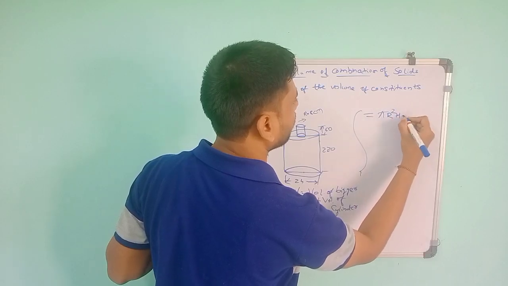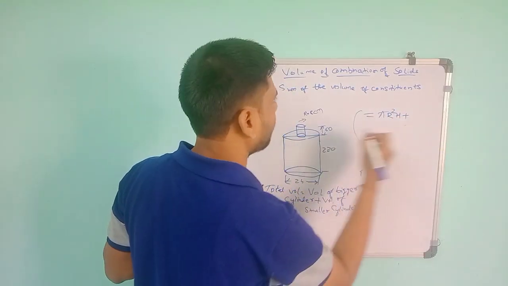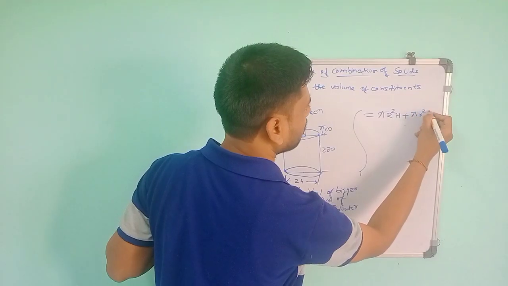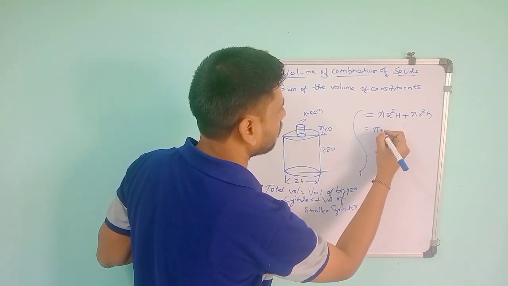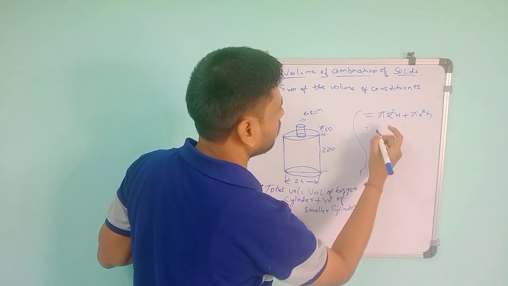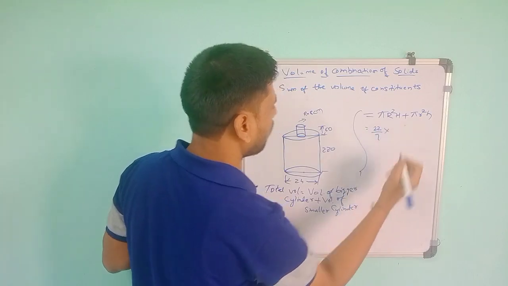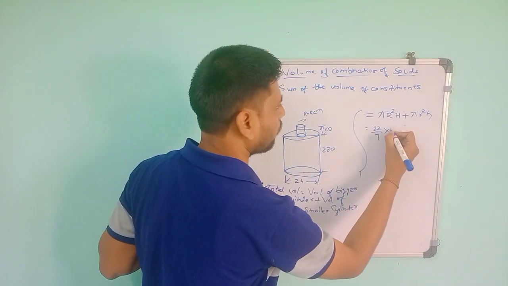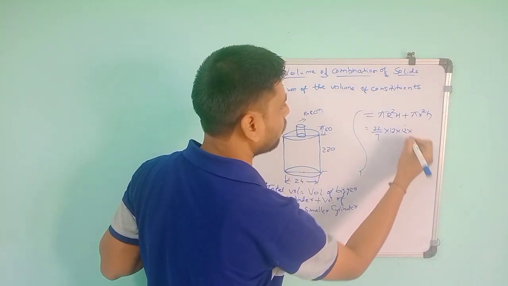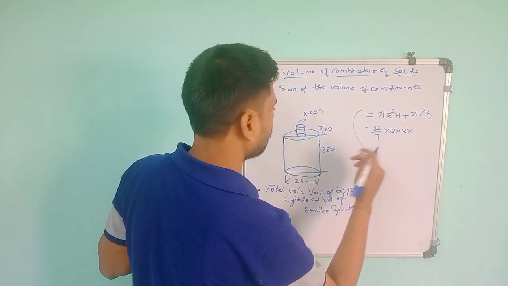I am taking big letters for the big cylinder, and for the small cylinder small letters, pi r square h. So pi is 22 by 7, into r, where the diameter is 24, so the radius will be 12. So 12 into 12 into h.